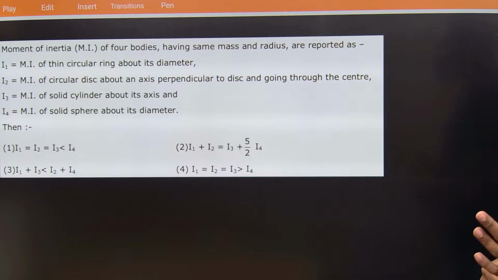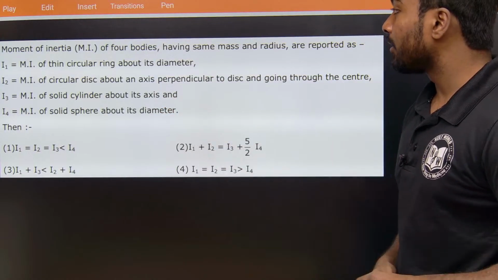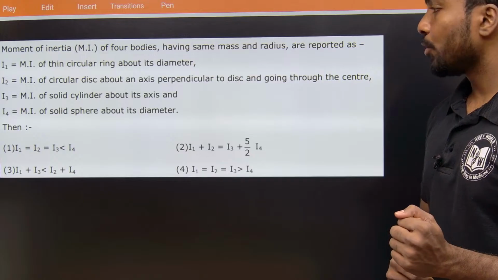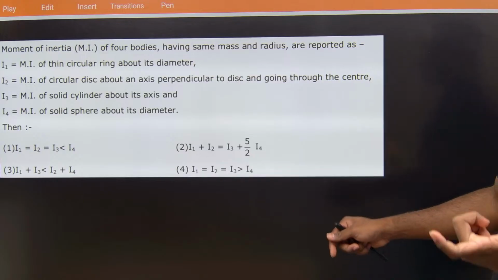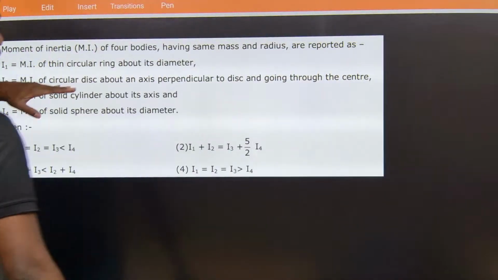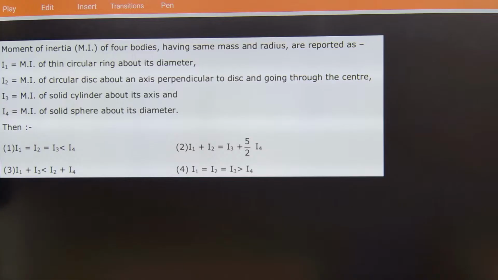Third one is moment of inertia of a solid cylinder about its axis, and the fourth one is moment of inertia of solid sphere about its diameter. So in this I need to take the option like which are the correct one. So first I need to check what are the moment of inertia of these 4 things.